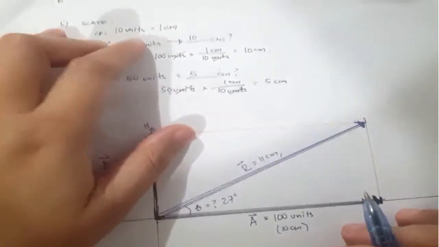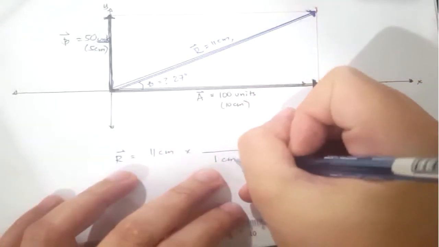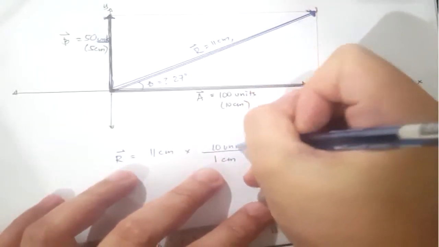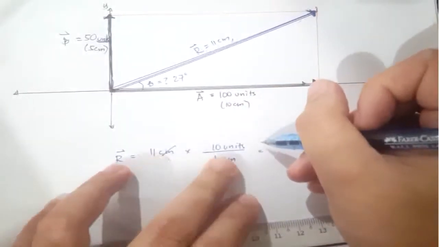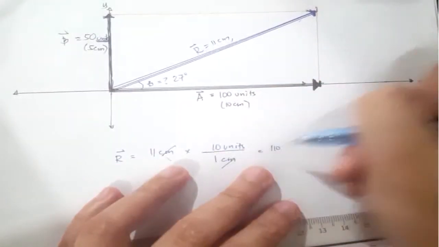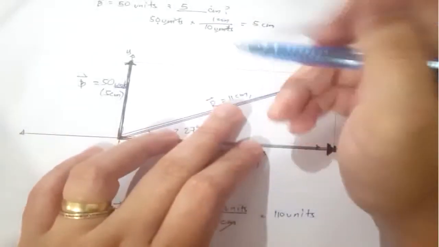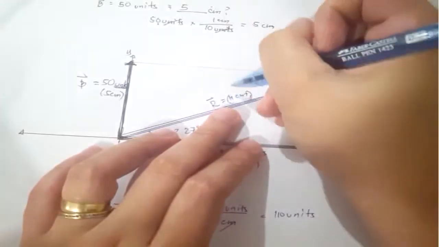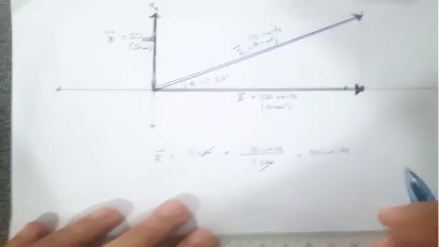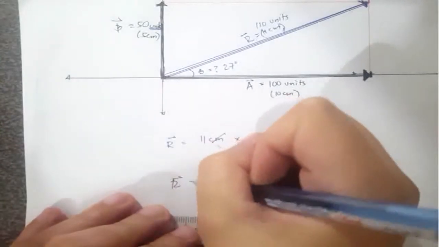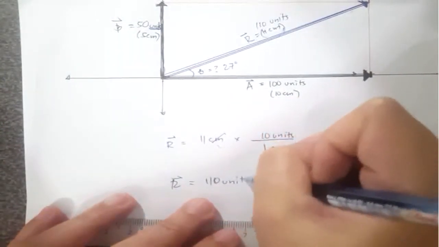So our conversion factor is 10 units per 1 centimeter. We place 1 centimeter here and 10 units there to cancel out the centimeters. So we have 11 times 10 divided by 1, which is 110 units. Okay, so our resultant here is 110 units.